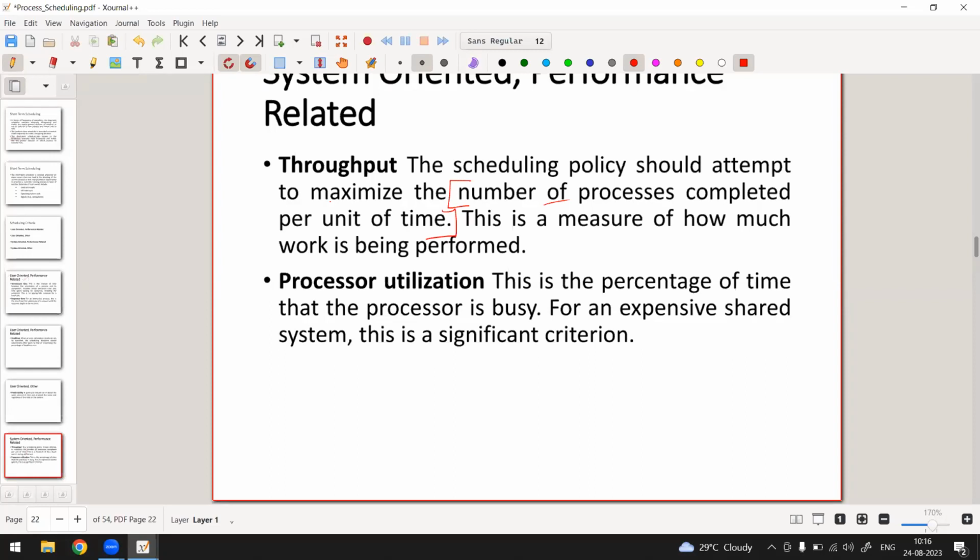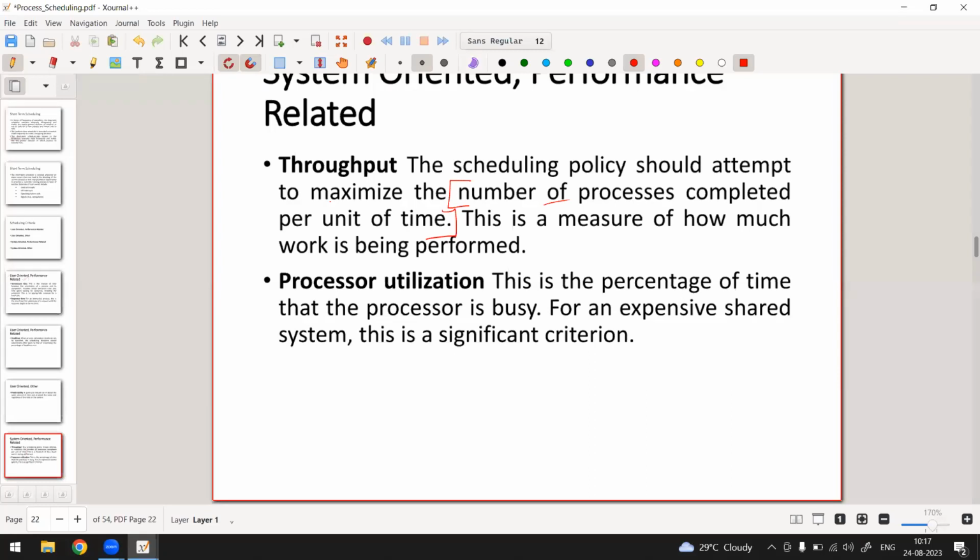So what is the meaning of processor utilization? If you say my processor utilization is 90%, it means that your processor is busy 90% of the time.